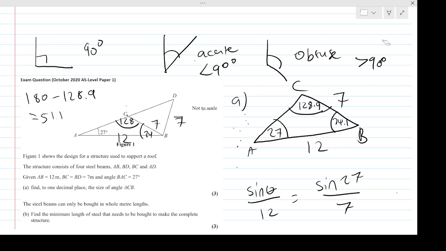So this angle is 51 there, 51.1. Okay, well actually also this triangle BCD is isosceles because two of the sides are the same, right? There's 7. So BD and BC are the same. So then that means this angle here is also 51 as well. So we've worked out a lot of angles here. Again, that's the key strategy of these sort of questions, is to work out and fill in any missing angles if it helps, if you're stuck.